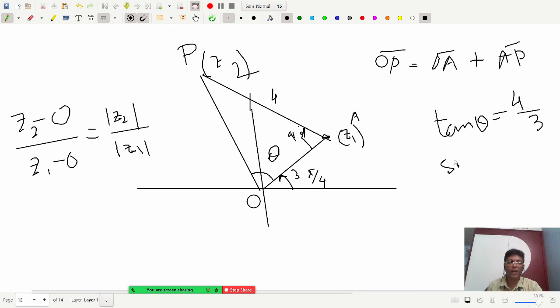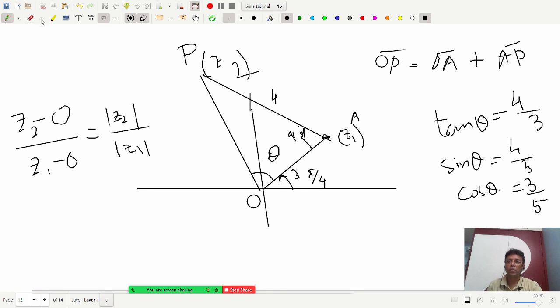So you can calculate sine theta and cos theta from here. Sine theta will be 4 by 5 and cos theta will be 3 by 5. How will you get tan theta? From this triangle AOP.